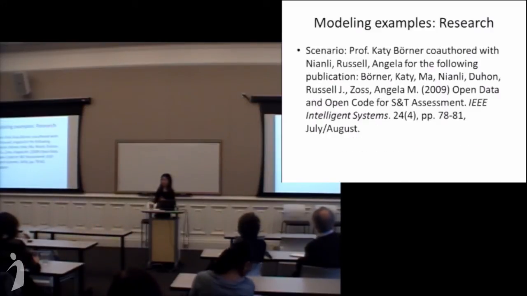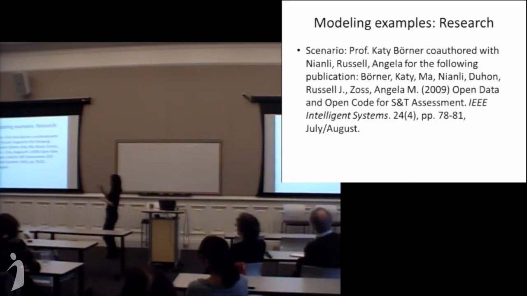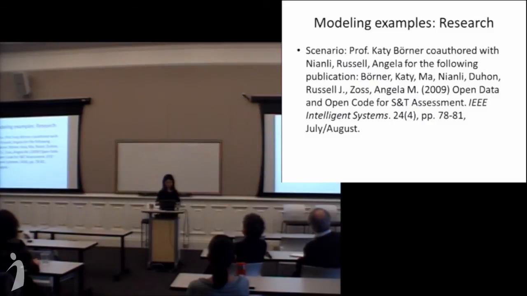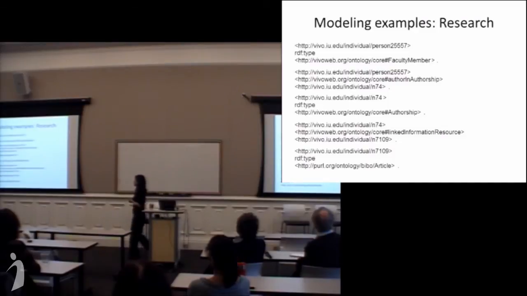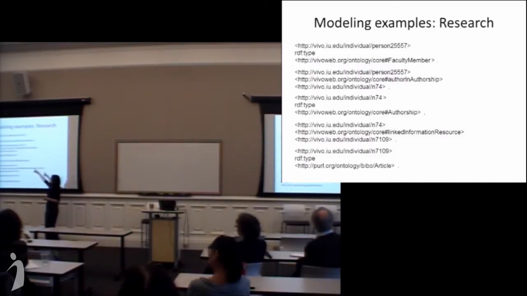So I will now show you one example of how I model research. This is one paper published by Professor Kati Bonner with another student or collaborator. How are we able to model this? This is the triple. The first URL is an instance; the type means it is an instance of a faculty member.